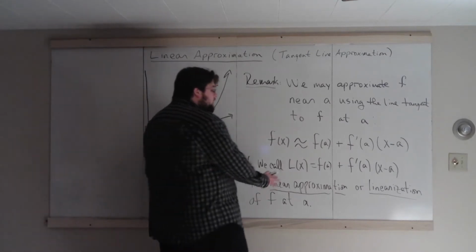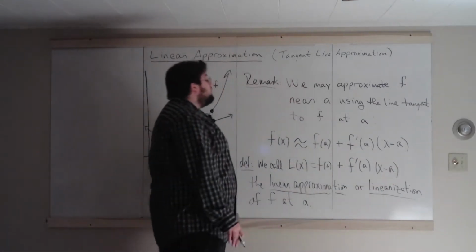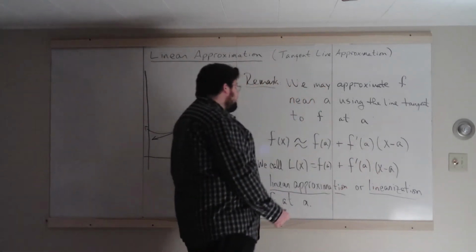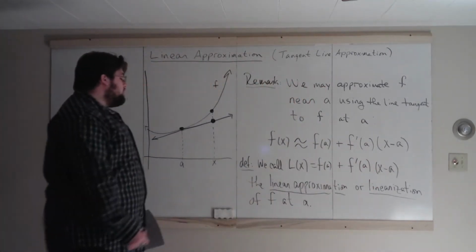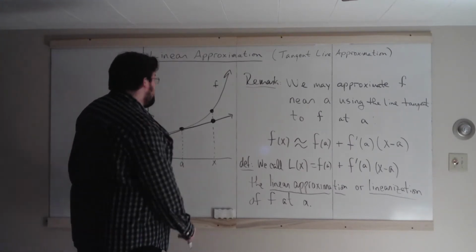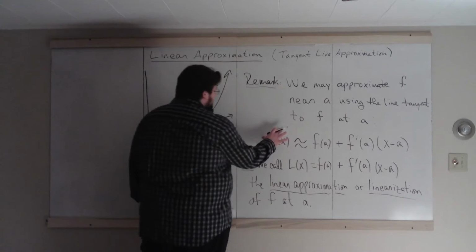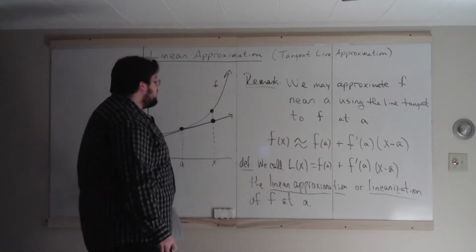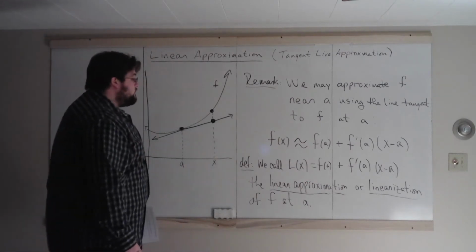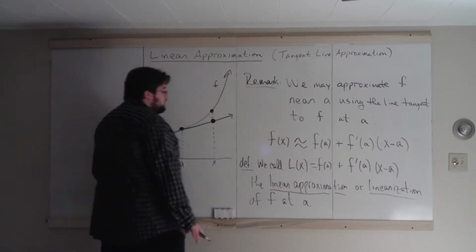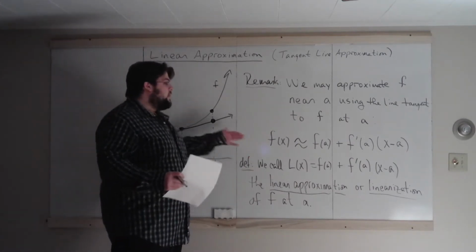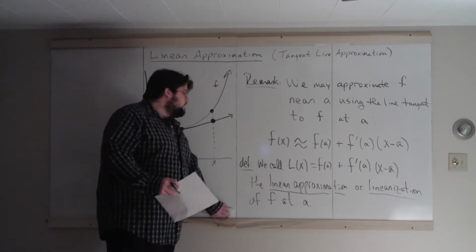We're going to define this new function as f of A plus f prime of A times x minus A. We're going to call that the linear approximation or linearization of f at A. And right here, this f of x just gives you a specific value. This function, linearization, L of x, gives you all values. So you can put any x in here, and up here this is just approximating a certain y value. So let's do an example.